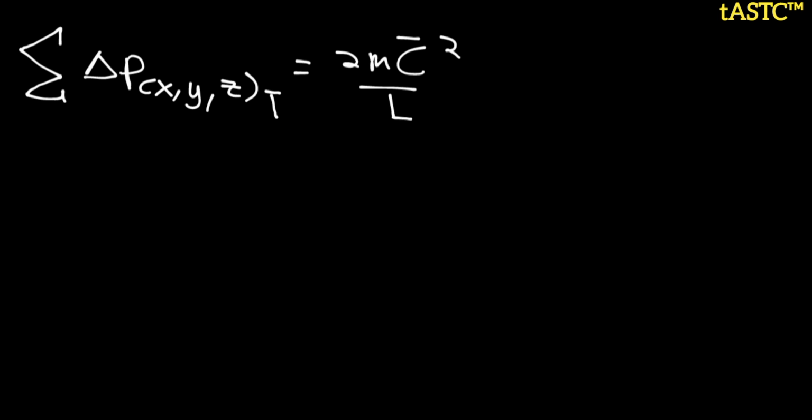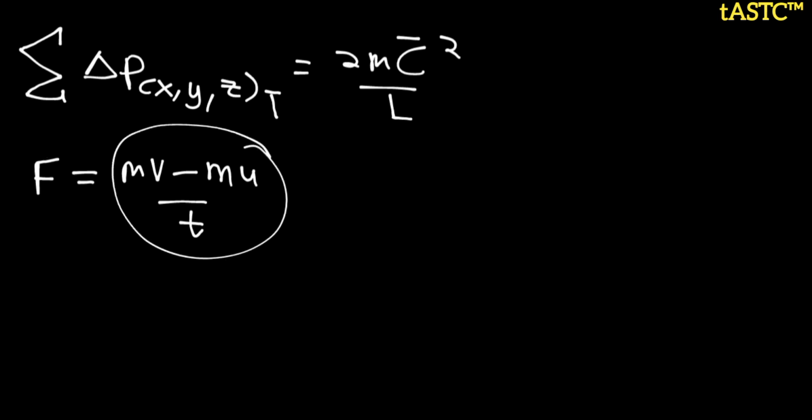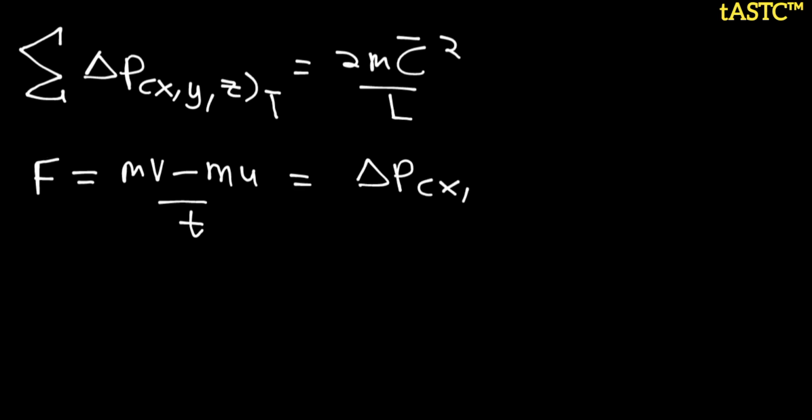Now remember, we actually had this as the change in momentum with respect to time. We had already done that. So we know that from Newton's second law of motion, the change in the momentum with respect to time is actually equal to the force. And this stuff is equal to dp in the x-axis and the y and the z-axis. This was completely what we found.